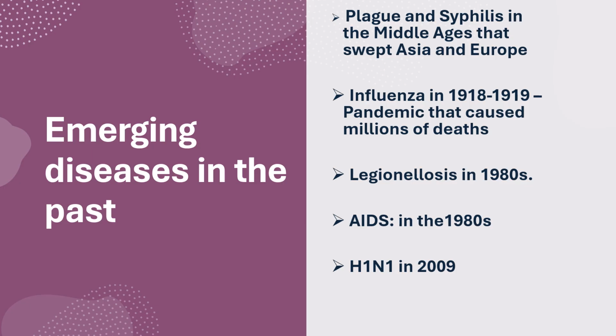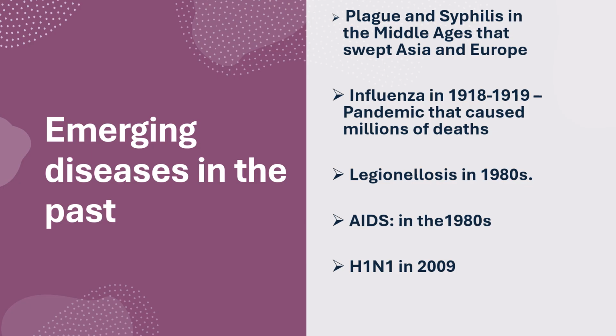Spanish flu is one of the well-studied examples of a pandemic, which occurred in the years 1918 and 1919. At that time, it caused several deaths across the globe. The causative agent for the Spanish flu was the H1N1 influenza virus. This pandemic infected one-third of the world's population at that time.